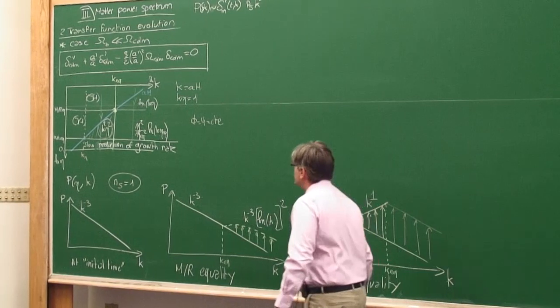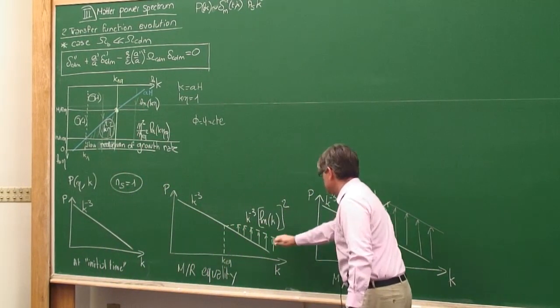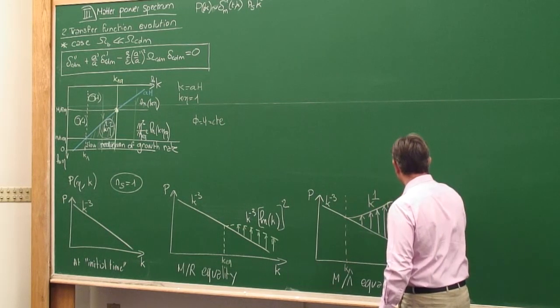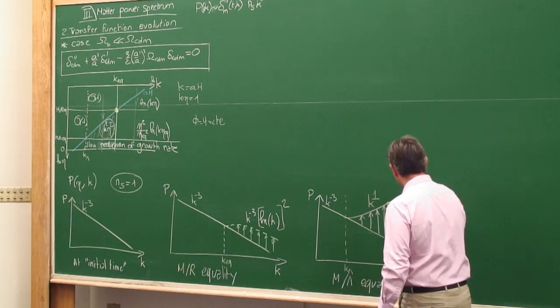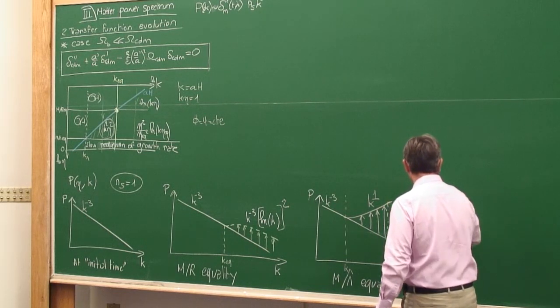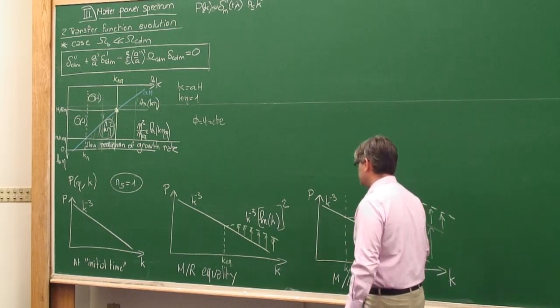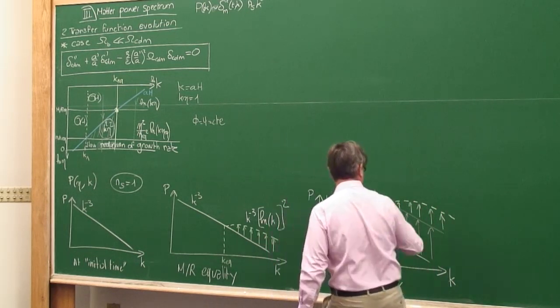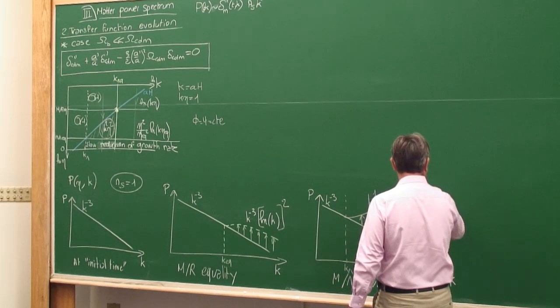And then again, I had a small amount of growth in this triangle that we can report from here. So the red is the amount of growth during matter domination, and the yellow during radiation domination. And as we said, the shape is the same. It's k to the minus 3 log of k, squared.